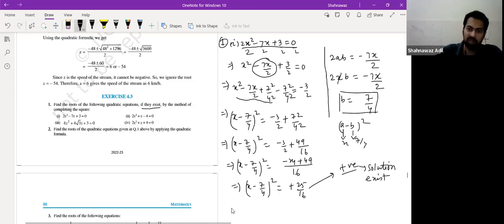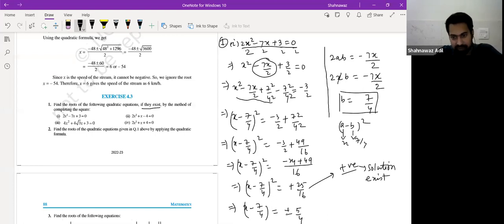So this would be (x minus 7 by 4) square equals 5 square by 16. Let's take the root on both sides. So we will get how much? Plus minus 5 by 4.